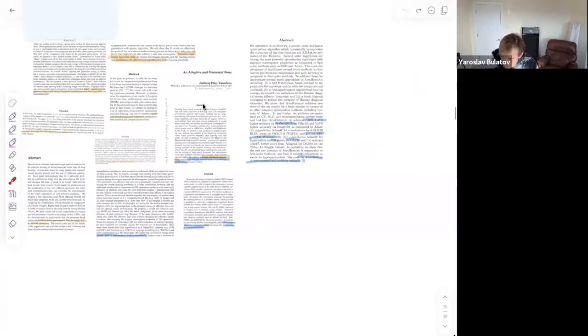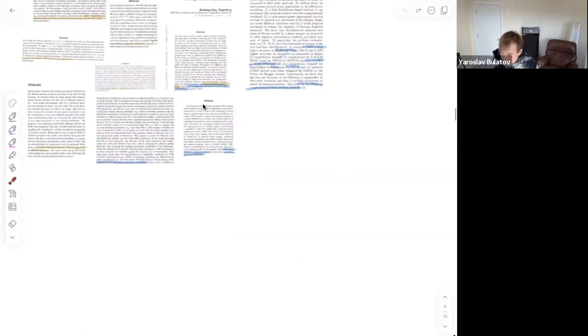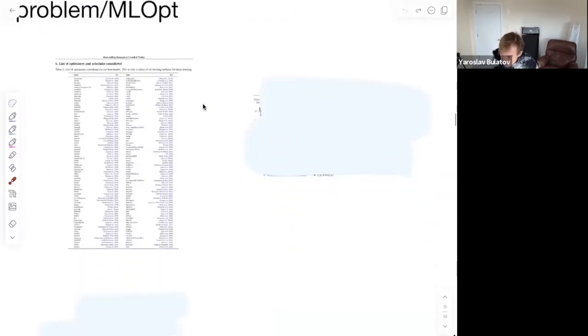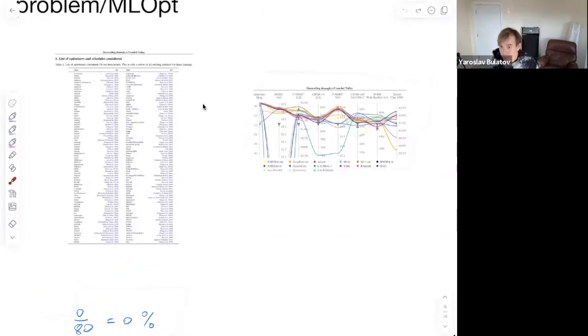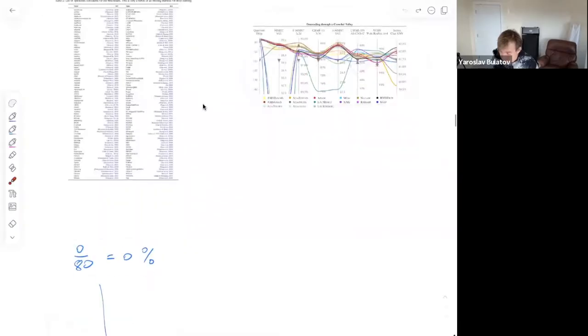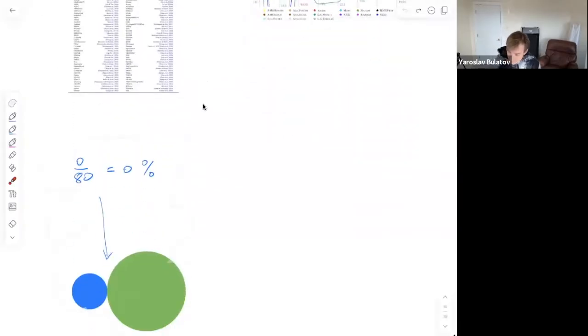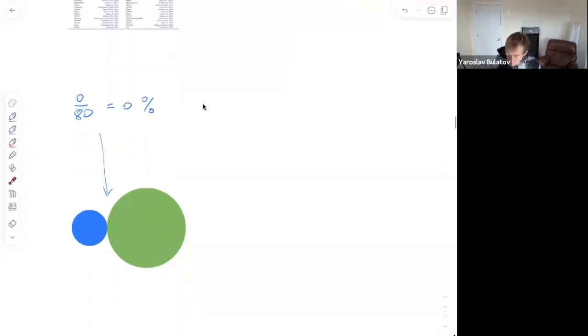So this is a selection of optimizers they used. The question is how many of them actually beat Adam as they claimed. Well, they did a comparison, and it turned out that none of them uniformly beat Adam. So the lesson is that here the intersection of practical and useful is 0%.